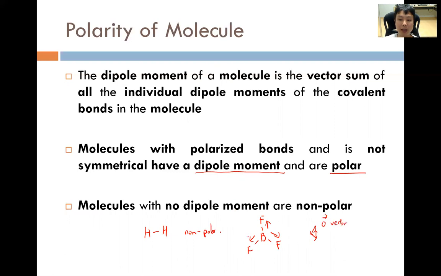This means that BF3, although there are polar bonds, the overall molecule has no dipole moment, and this molecule is also non-polar. So there are two cases whereby a molecule can be non-polar. One is that there are no polar bonds at all, and the second is that there are polar bonds, but when you add up the individual dipole moments of all the bond vectors, you get a zero vector. This will also result in the molecule being non-polar, because overall this molecule doesn't have a net dipole moment.